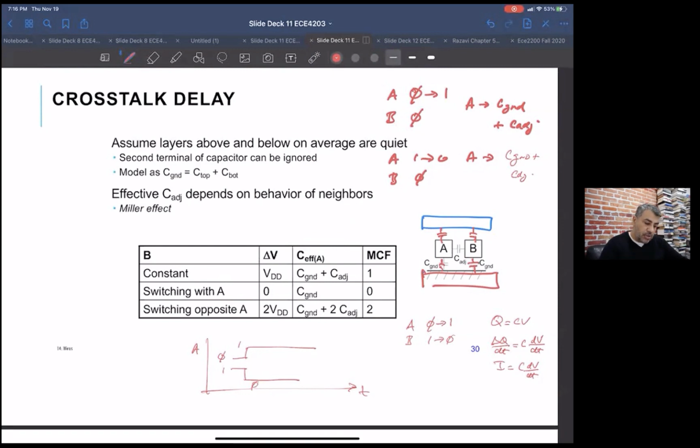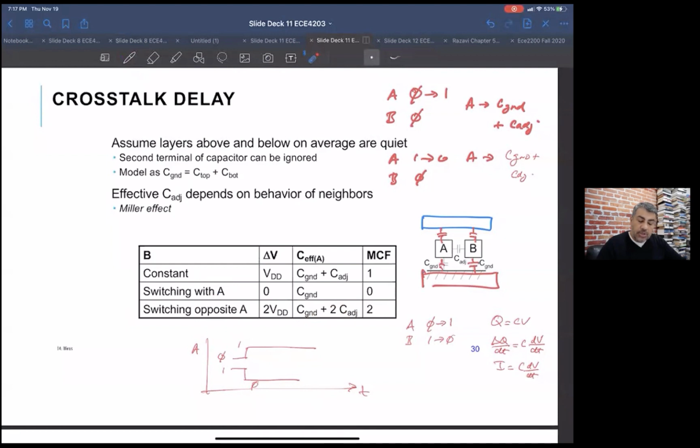So again, if you just look at this table, if B isn't doing anything, and A is doing a change of basically this delta V between A and B, or just VDD, you just see one adjacent capacitance and C ground. If B is switching in opposition with A, you see essentially twice the capacitance that you need to charge or discharge.